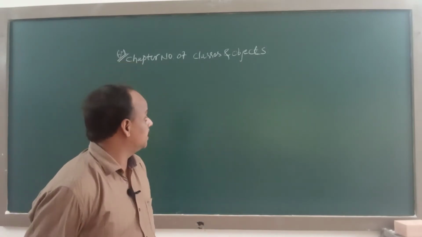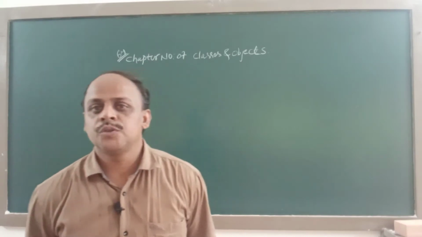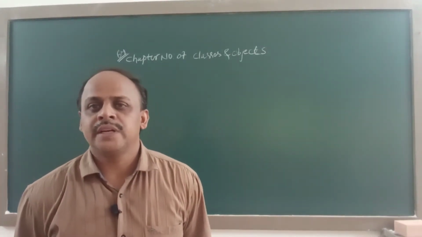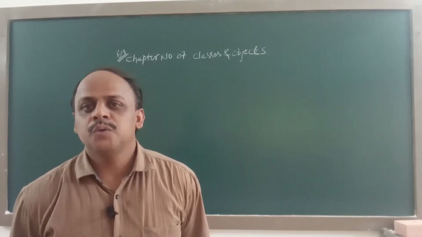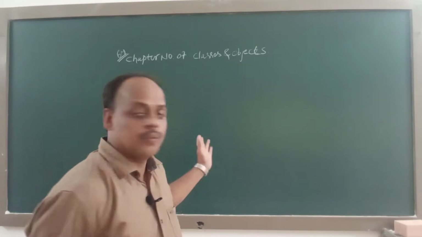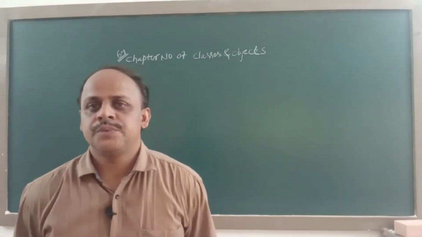So in this chapter we are going to discuss in detail what is a class, what are objects, how to declare a class, how to declare an object, like that. In this chapter we are going to discuss in detail about classes and objects.